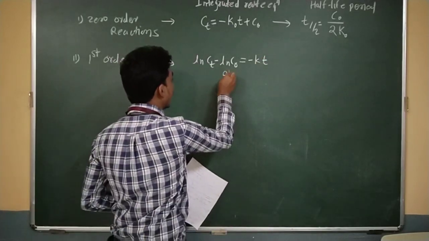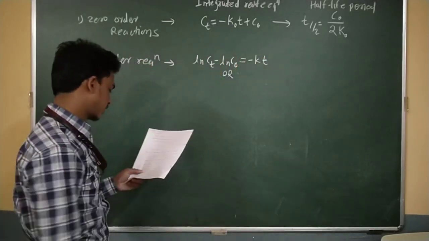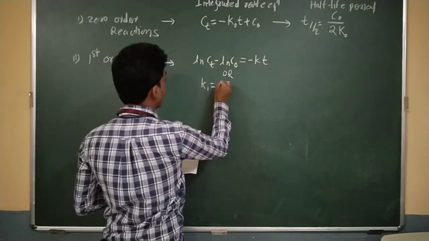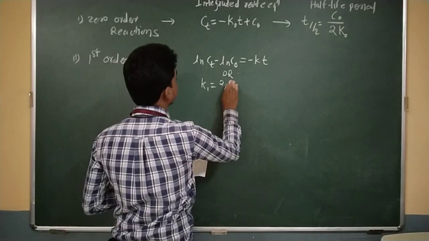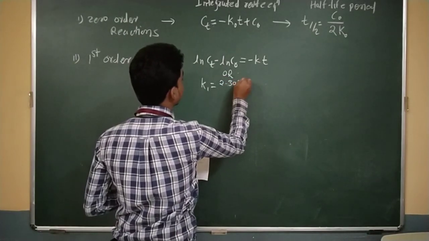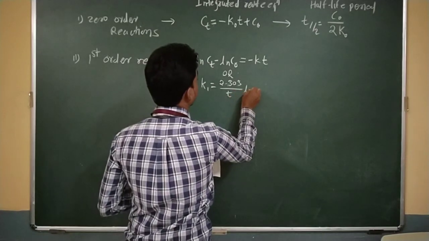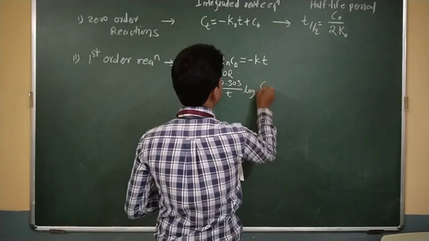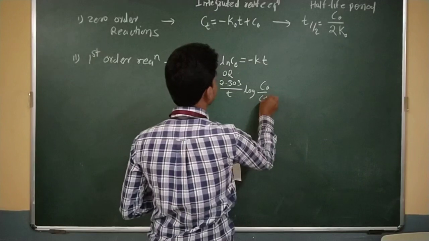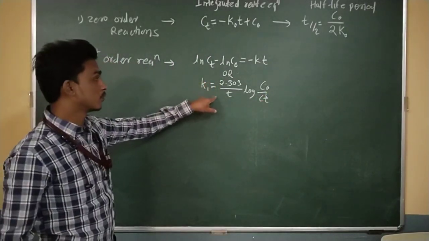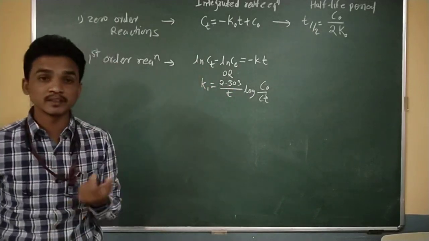Or another form of these equations we have covered: K1 is equal to 2.303 upon t log of C naught upon Ct. This is the logarithm form, log to the base 10. This is the log to the base e.